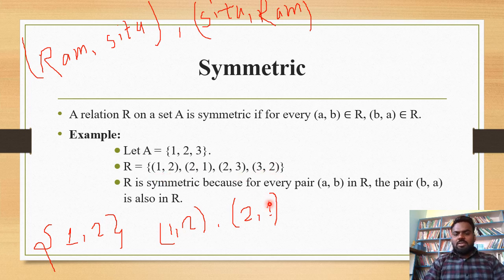It's symmetric because if (a, b) is in R, the pair (b, a) is also in R. You can see in this example (1, 2) is here and (2, 1) is also here. So these two are symmetric. Another one is (2, 3), and (3, 2) is also here. So we can say this is a symmetric relation.